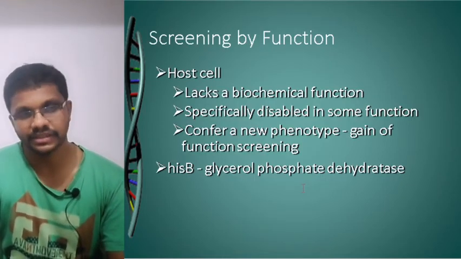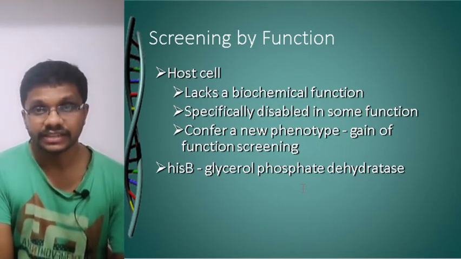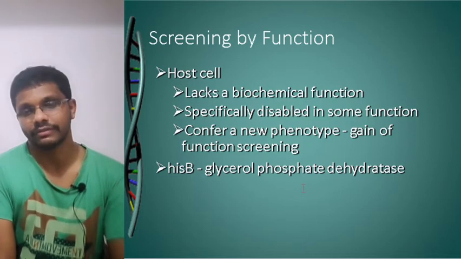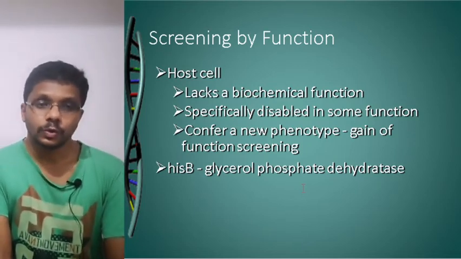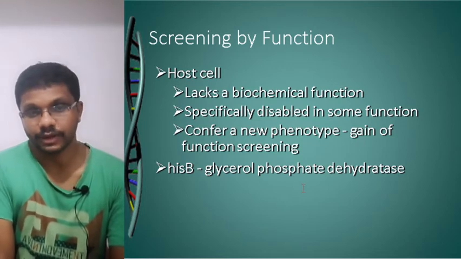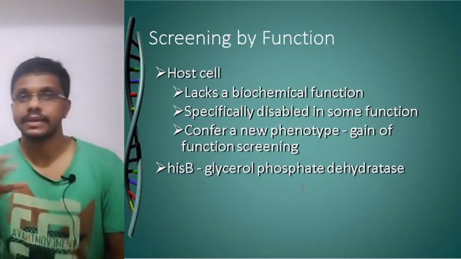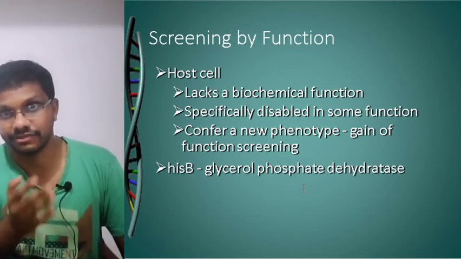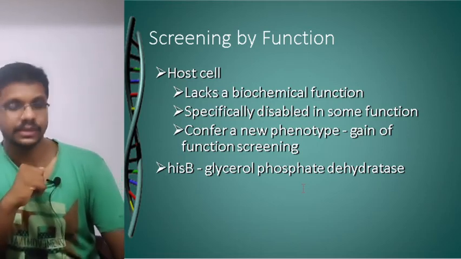There are also methods used for screening by function. It has very limited application because most of these genes do not have any visible or clear function in the cell. If the host cell lacks some biochemical function, the foreign DNA may be able to complement that. If the foreign DNA is complementing that, that's screening by function. If the vector DNA is doing that, it is not this type of complementation.